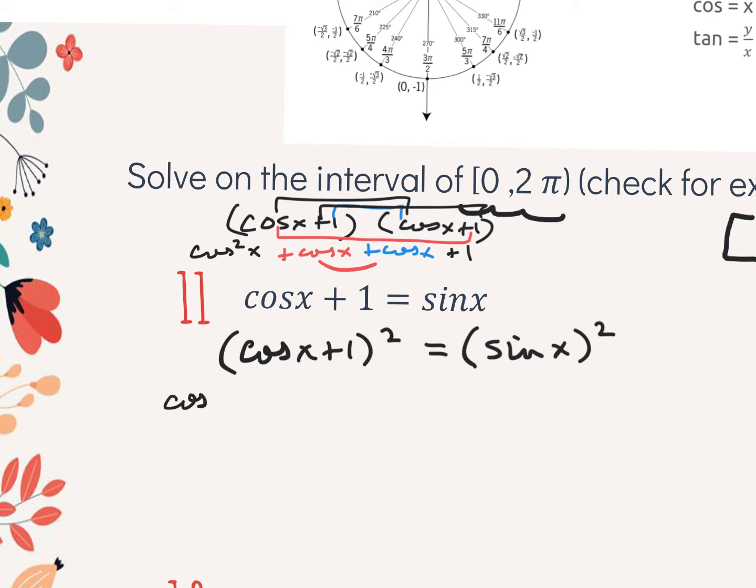So once I FOIL this binomial squared, I have cosine squared x plus 2 cosine x plus 1 equals sine squared x.